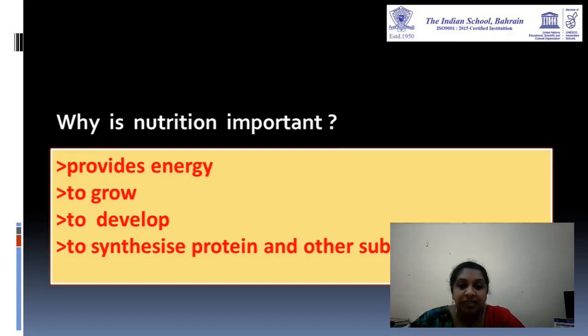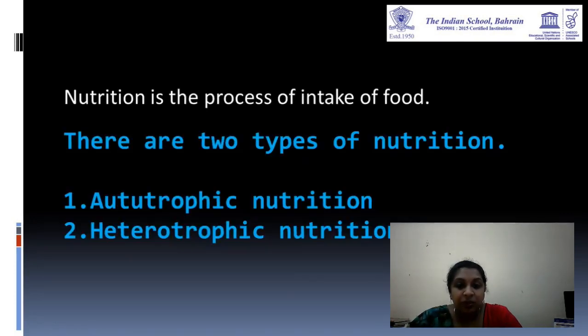Food gives us a lot of energy to do the day-to-day activities. Activities like walking, running, jumping, swimming require a lot of energy. Apart from giving energy, food helps us to grow, to develop, and to synthesize proteins and other substances. So, nutrition is very important.